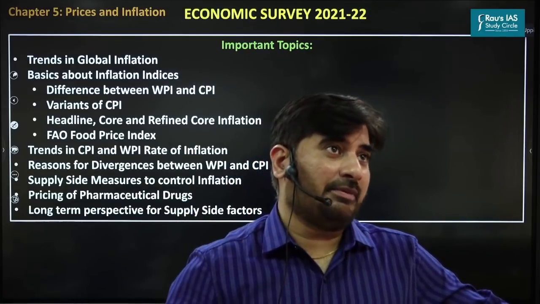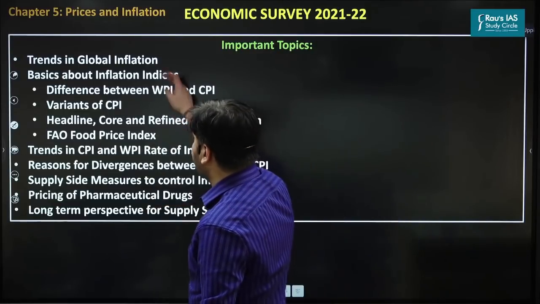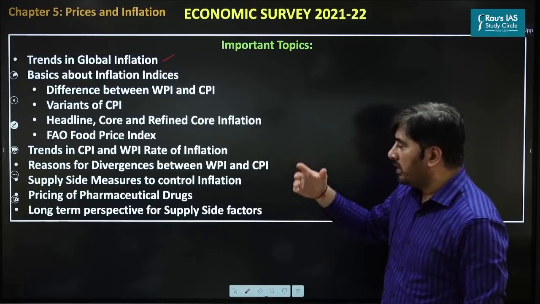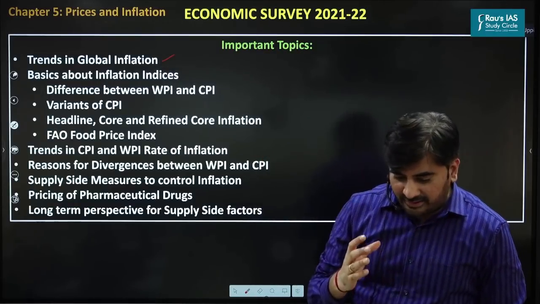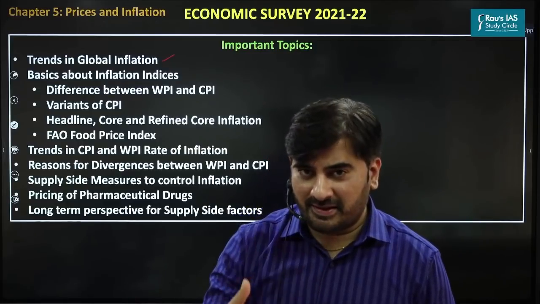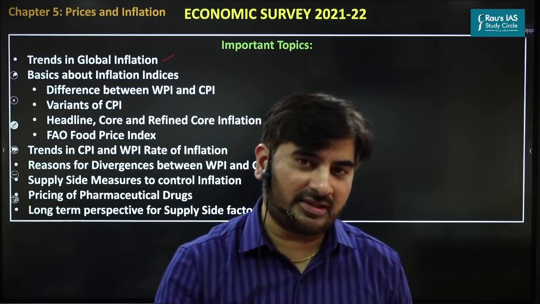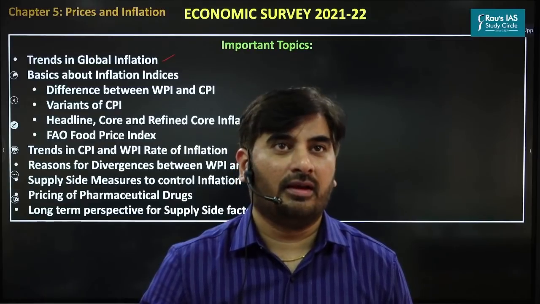Here, as part of this chapter, first and foremost, we are going to understand the reasons for the rising global inflation, basics about inflation indices, that is the difference between WPI and CPI. And this year's economic survey has discussed what are the reasons for the growing divergences between the wholesale price index and the consumer price index.